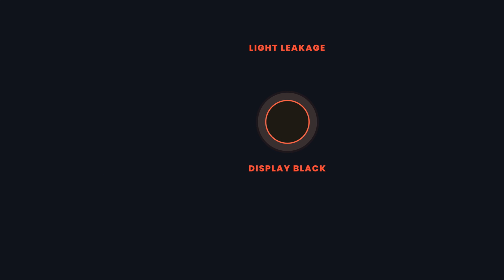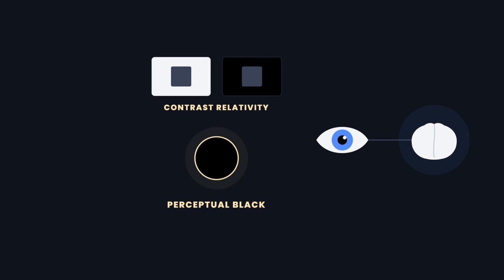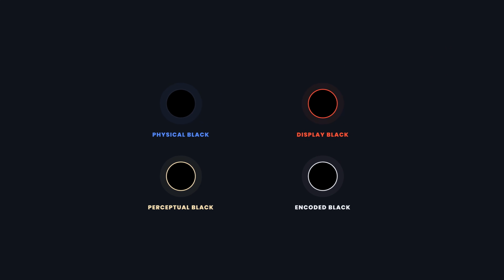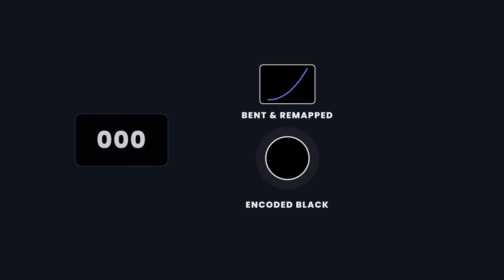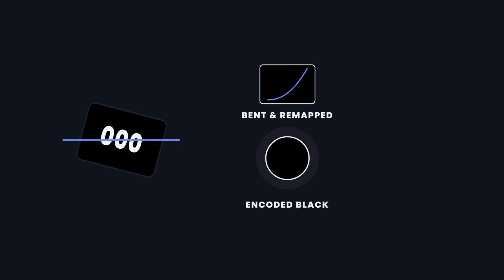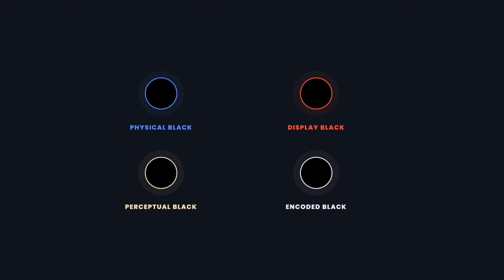all of that. Then there's perceptual black, which is whatever your brain decides is dark enough based on everything around it. And finally, there's encoded black, which is whatever value the file or the software or your screen's color settings just agree to call black after it's been bent, squashed, and pushed around along the way.